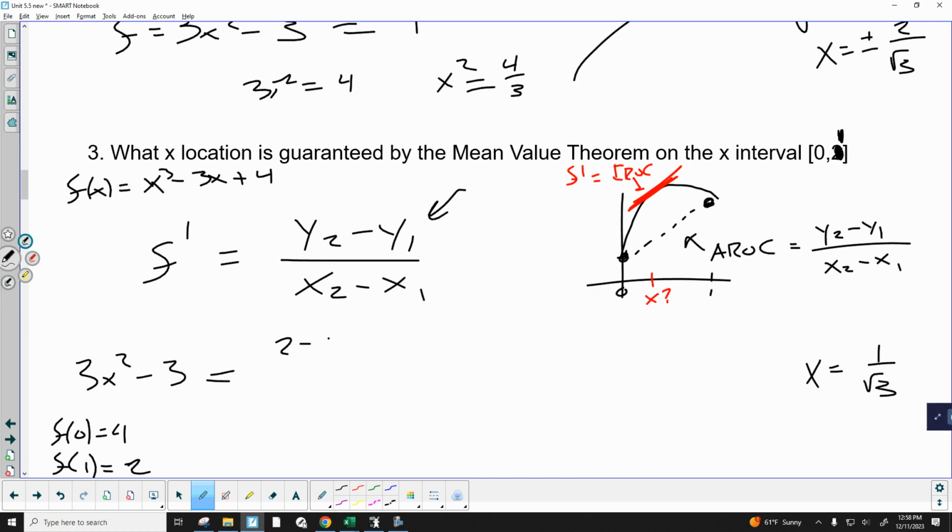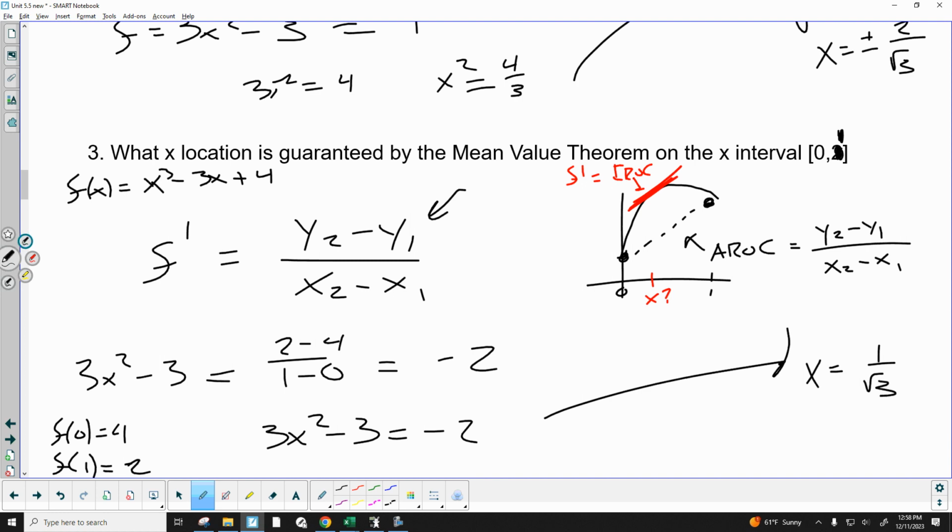Two minus 4 over 1 minus 0 equals -2. You solve this equation. And you'll get plus or minus 1 over root 3. We're only looking for the one that is in the interval. After lunch, we will do similar questions, but with a calculator.